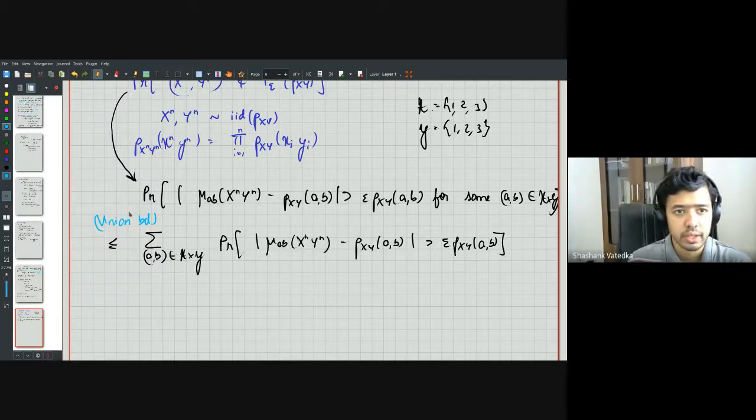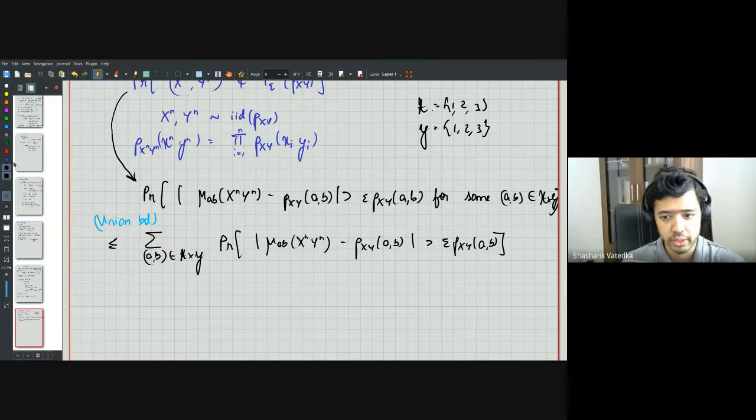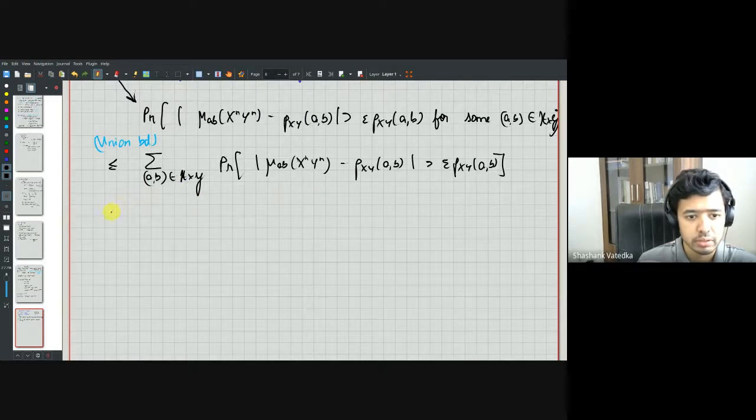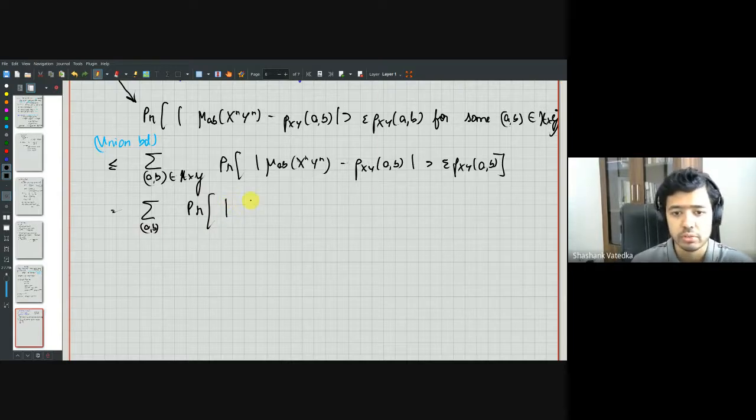Okay, so now that we have this, let us try to see what we can do. Let's write down what mu_AB is. It is the fraction of times the pair of symbols a, b occurs.